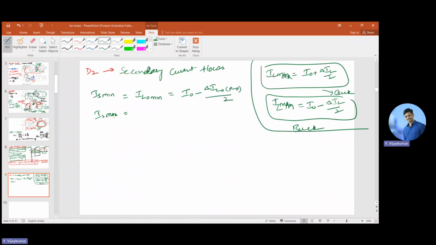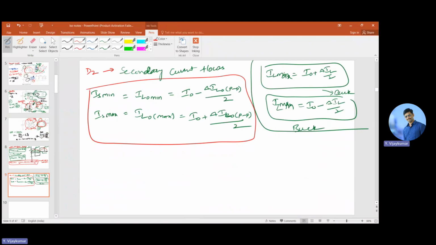If I talk about the maximum, this would be IL naught maximum, which is I naught plus delta IL naught peak to peak divided by 2. Now these are the two currents in the secondary.